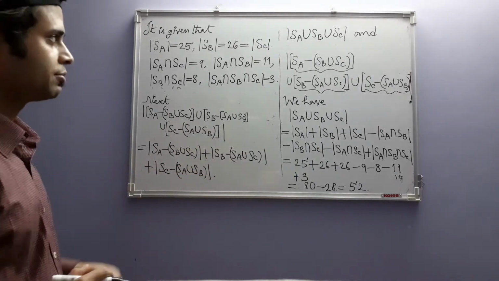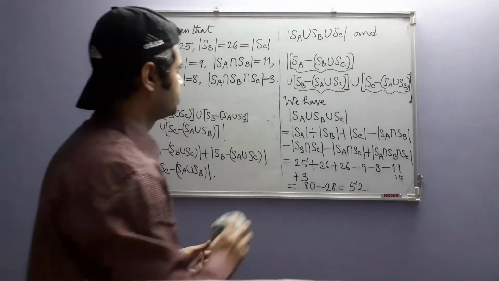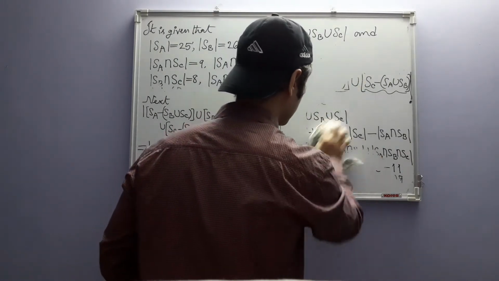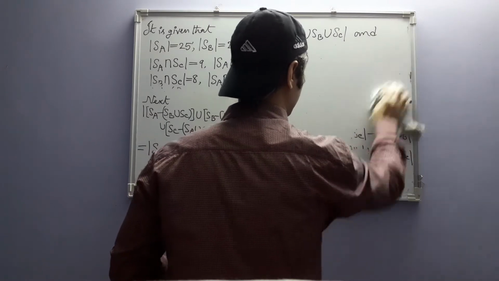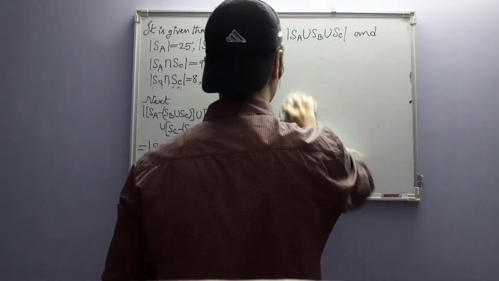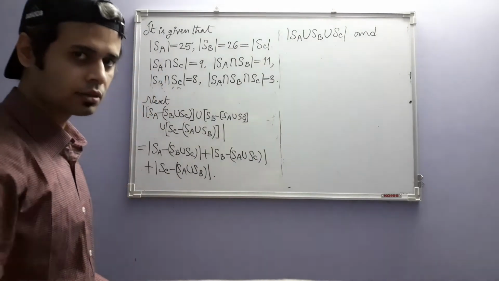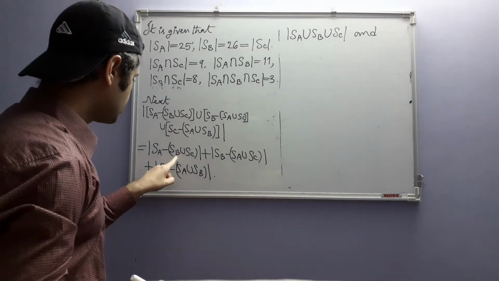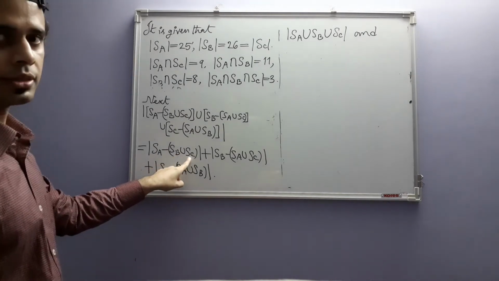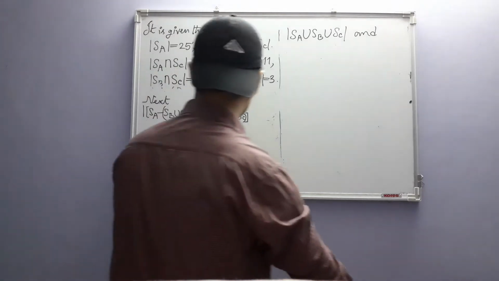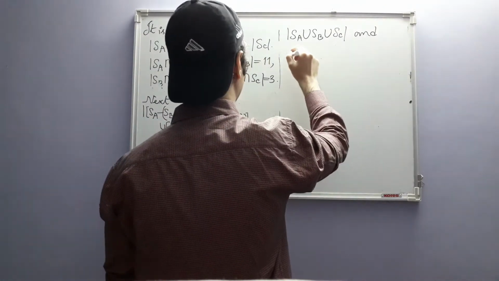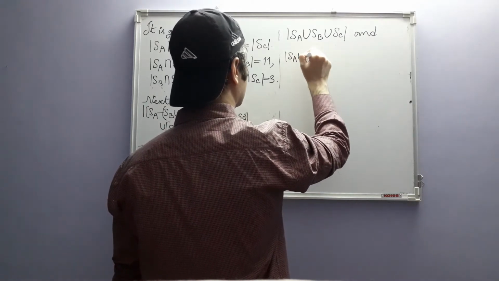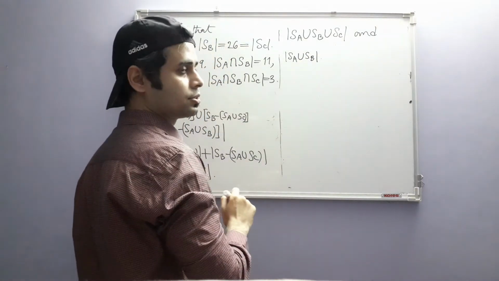Now each one of them we have to find separately. Here again we will take the help of our familiar formula for finding the cardinality of a union, but for two sets, because we need this SB union SC. Let me go systematically. First we find this one.